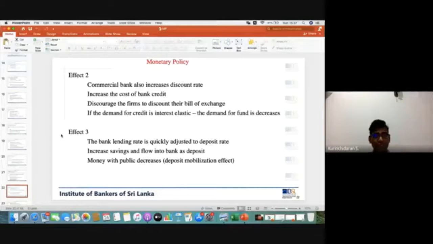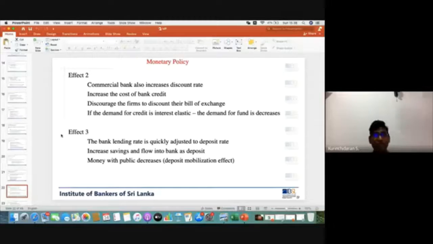Now commercial banks are, let's assume, buying bills, let's assume import bills. So the commercial bank also increases the discount rate, right? So that increases the cost of bank credit and discourages the firms from discounting their bills of exchange. If the discount is huge, then the firms don't come and ask for a bill to be discounted.